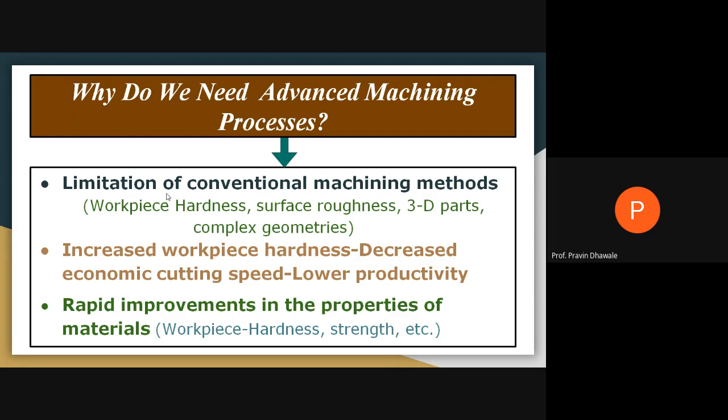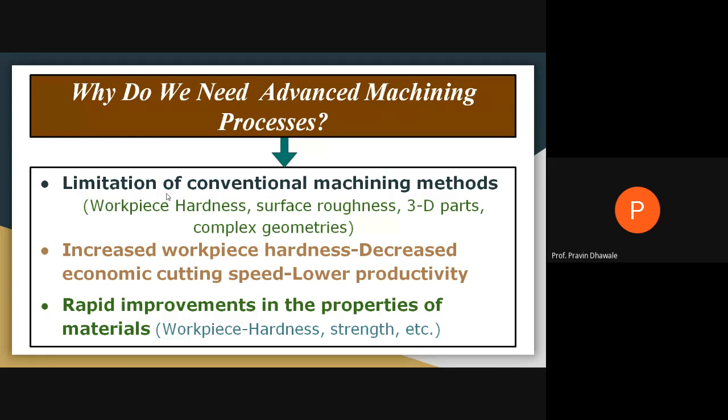If you imagine a workpiece which has a very high hardness, the time required for the removal of the material from such a hard material will be more. So ultimately, it will decrease the economic cutting speed of the machining process.